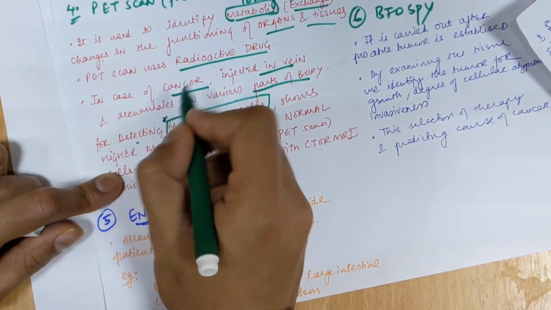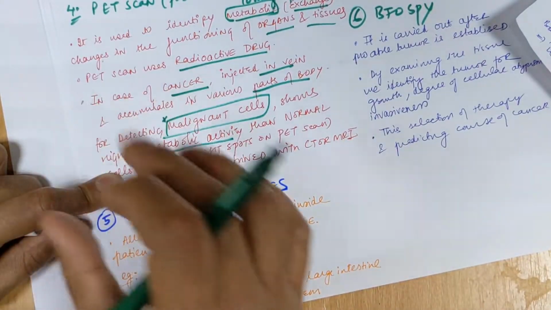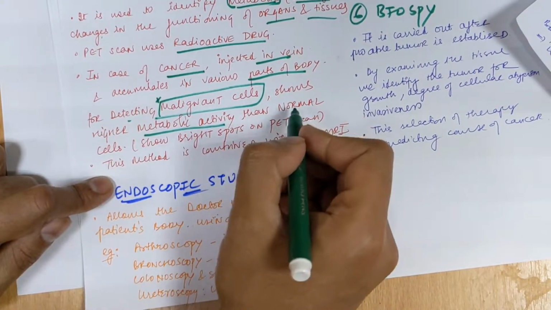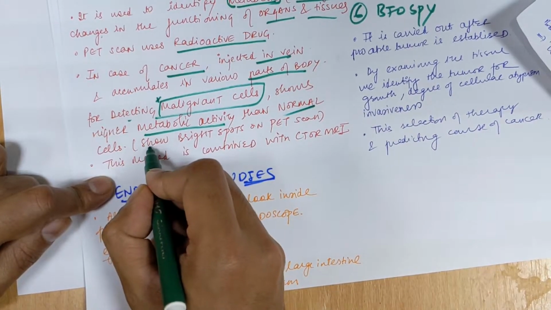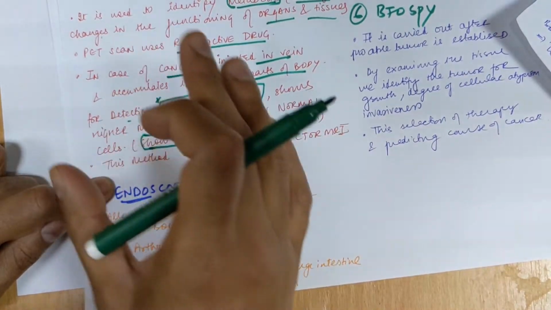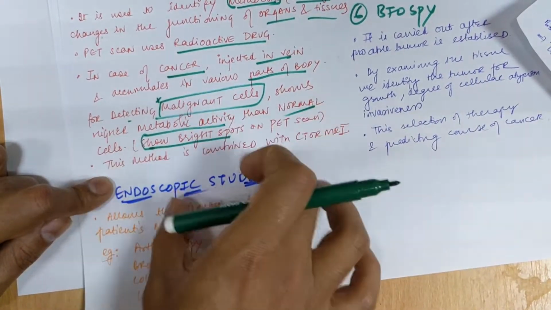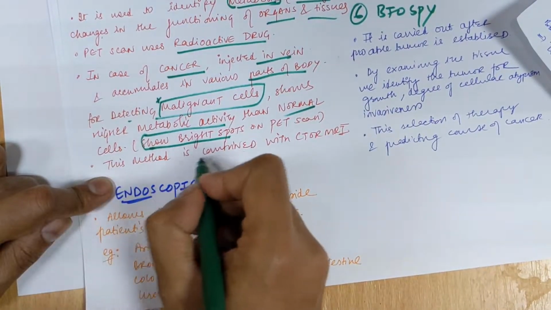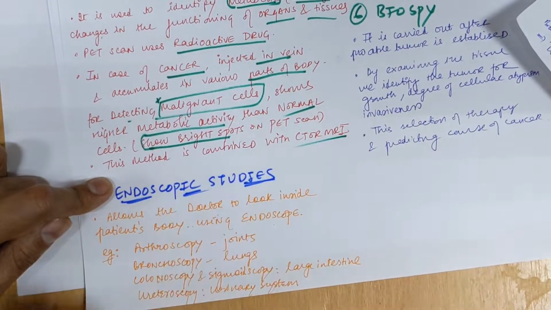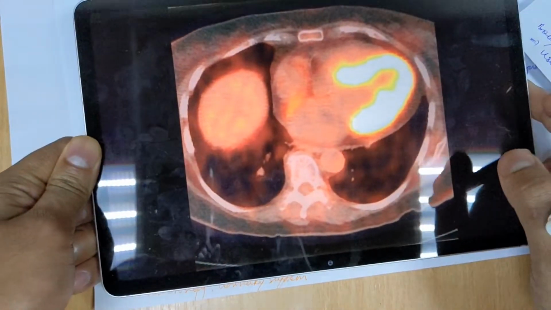Any area with higher metabolic activity is an accumulation of malignant cells. And how can we find it? They show as bright spots on the PET scan. So the malignant area will show bright color spots on the PET scan. That differentiates the malignant cells from the normal cells, and this method is combined with CT or MRI.